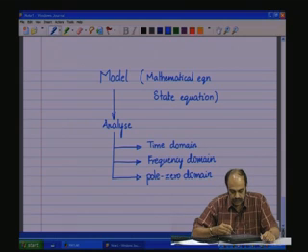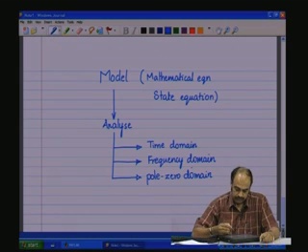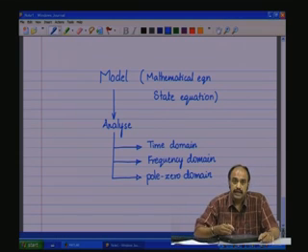However, the designer or the analyzer, the person who is analyzing, can view the system or the signals by jumping to other domains, and that is the frequency domain and the pole zero domain, to obtain some useful information about the circuit or the system or the signal, which may not be so easily detectable in the time domain.